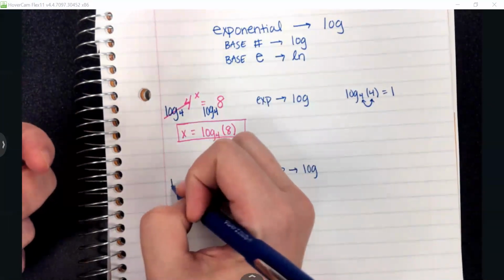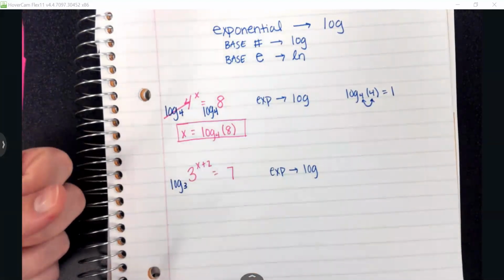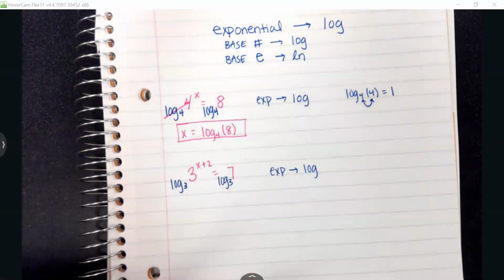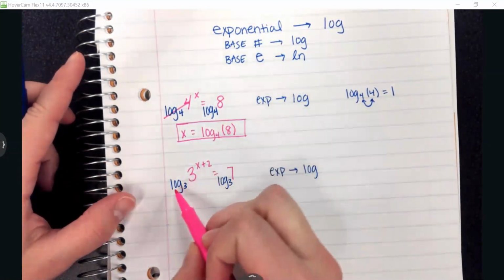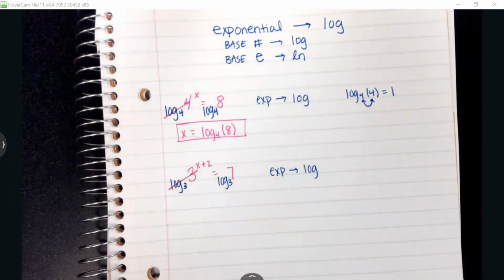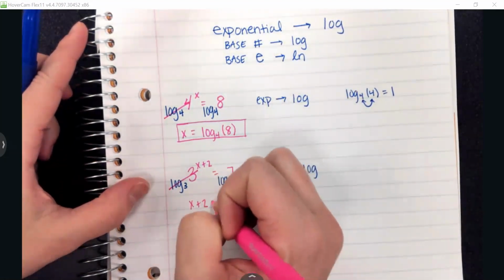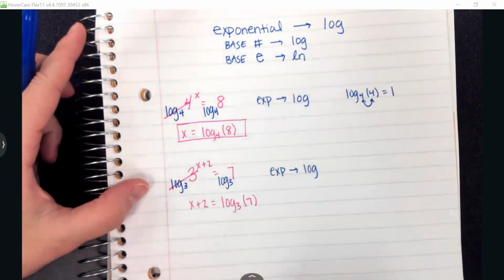So on the left side, I'm going to have log with a base of 3. And on the right side, I will have log with a base of 3. Log base 3 of 3 is 1. When they are exactly the same, it equals 1. So I have x plus 2 equals log base 3 of 7.